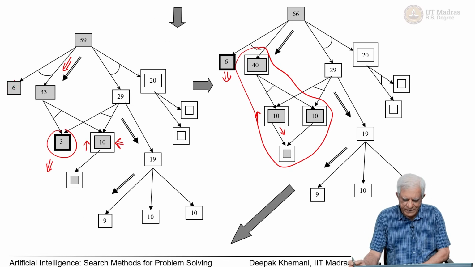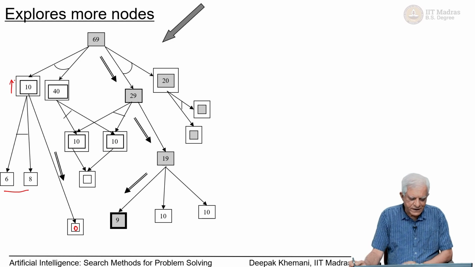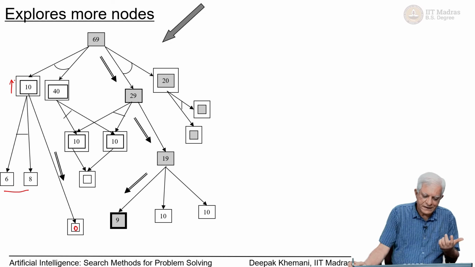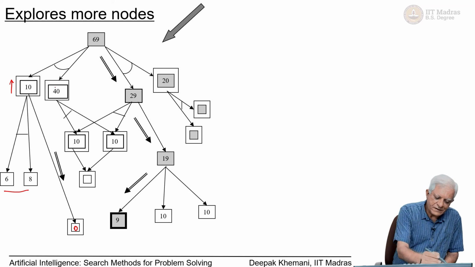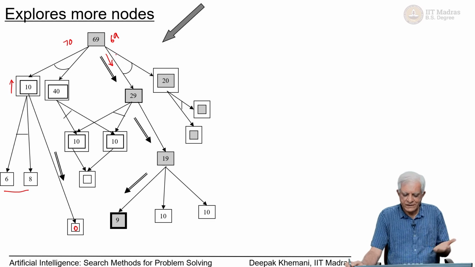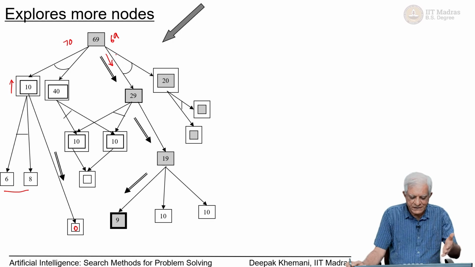It was 6 to start with, it has gone up by 10. So, 10 plus 40 is 50. So, this has gone up to 70. The other choice from this side was 69, and therefore, the arrow has switched back to the right hand option, which means it will follow the path.